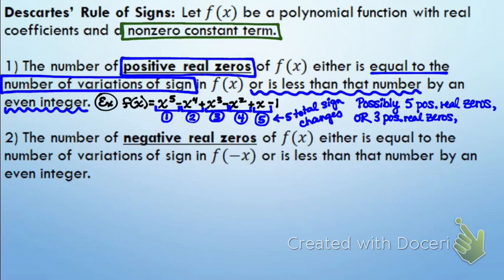There could be 1 positive real zero. Can I go down any more? No, I can't have -1 zeros. That doesn't make any sense. So we're only working with positive whole integers here. There could be 5 or 3 or 1.